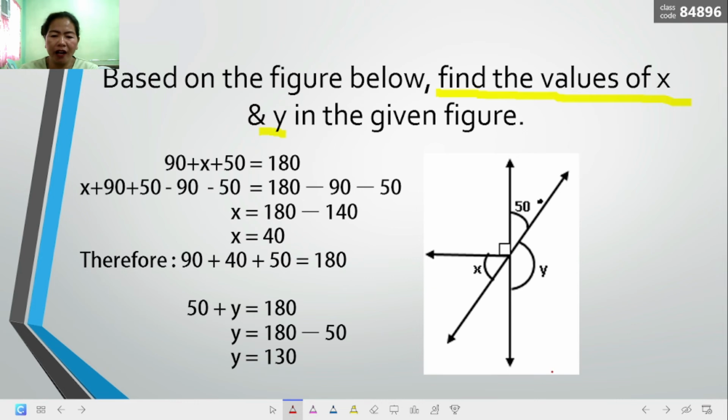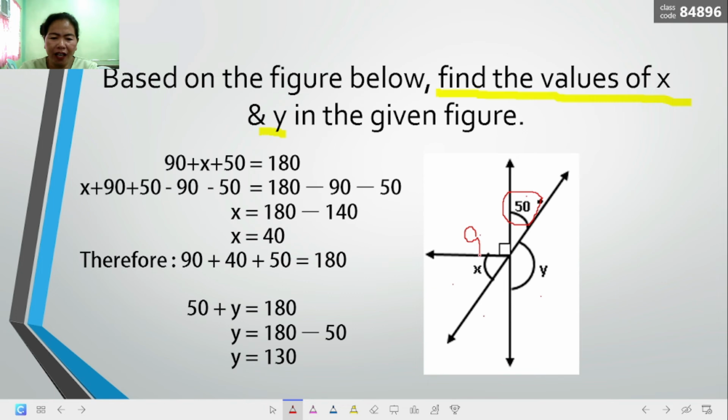Let us try to count. 1, 2, 3, 4, 5. So there are 5 angles, but only one angle has a given measurement, which is the 50 degrees angle. Angle X is unknown, angle Y is unknown, and we have here another angle labeled with a perpendicular symbol, or a 90-degree angle symbol.